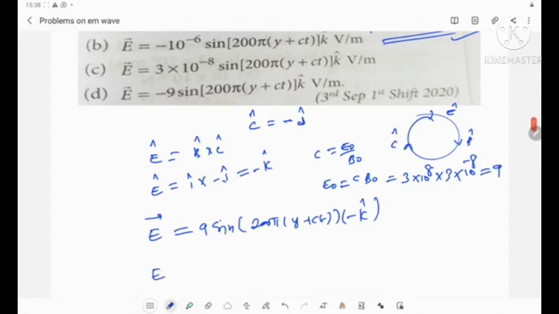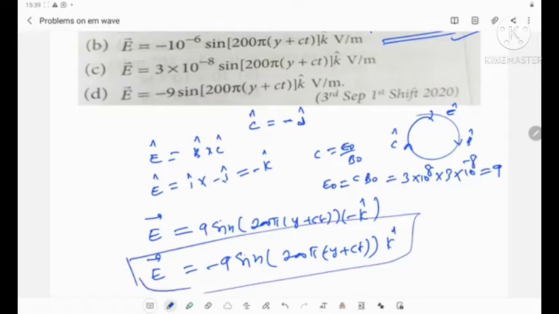This becomes E bar is equal to minus 9 sine 200 pi into y plus ct k cap. This is the final answer. Answer D is the correct answer.